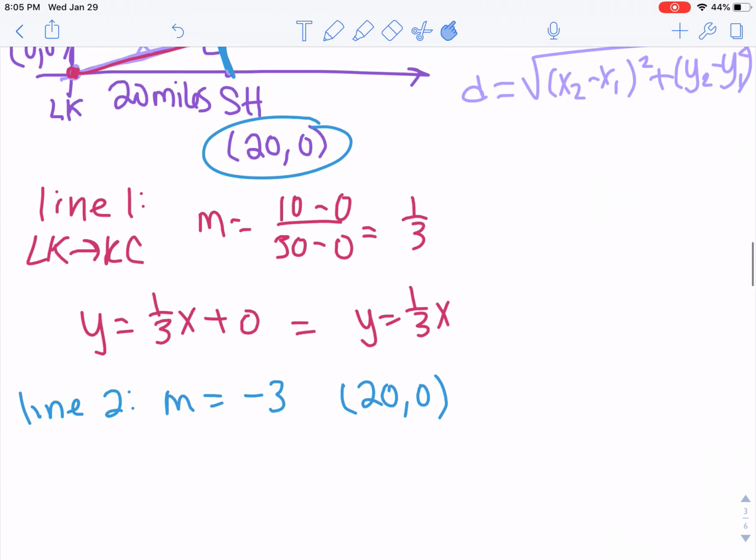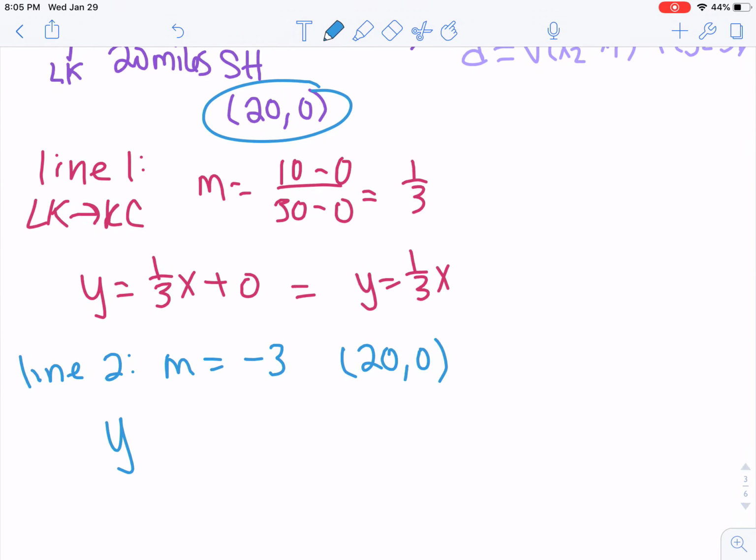So to write that equation, I do y minus y1, which would be 0, equals m, which is -3, times x minus 20. So I'm just using the point. This is basically what we did in the last lesson, where you have an equation of a line, and you want to write the equation of a new line, but you only know 1 point on that line. So that gives me y equals -3x plus 60.